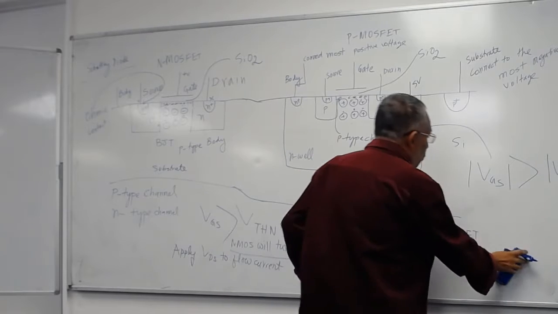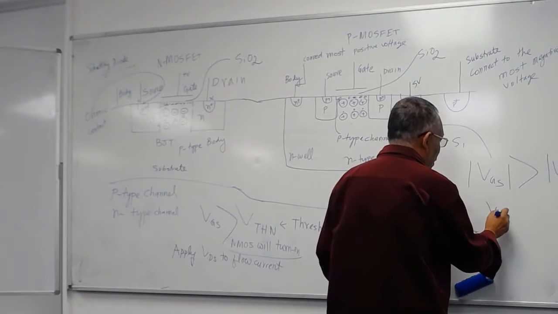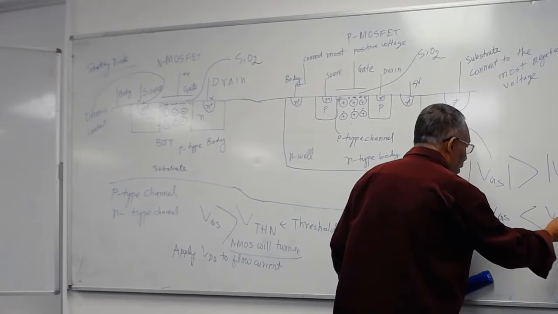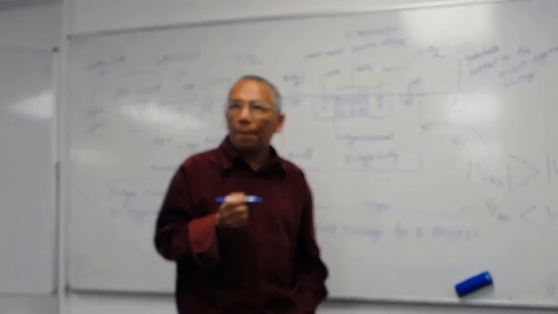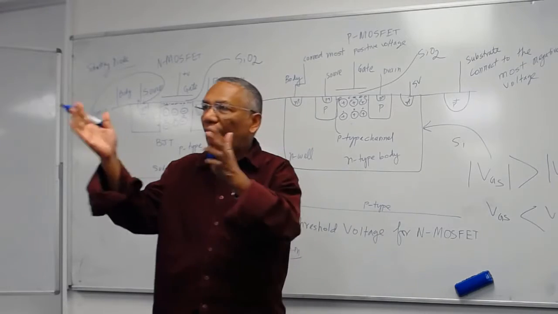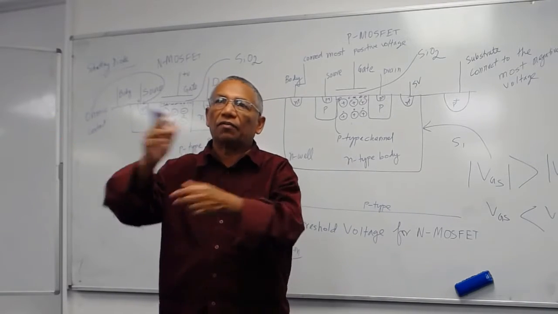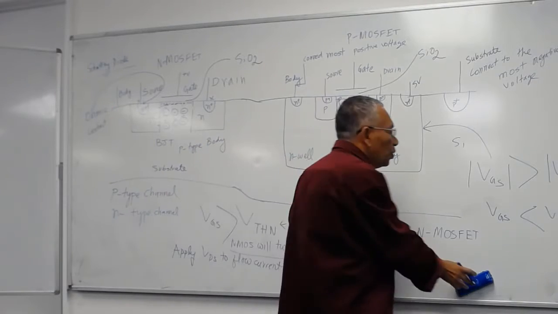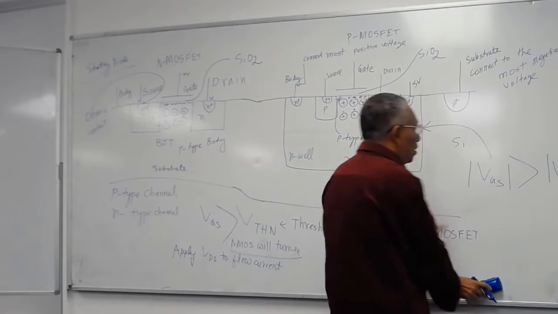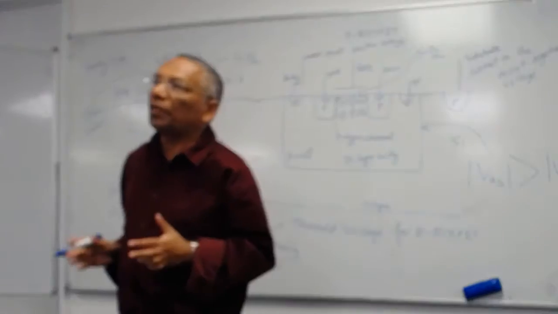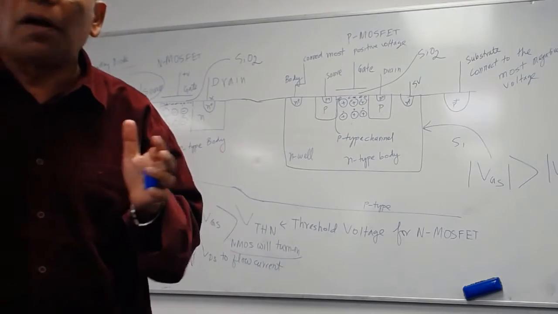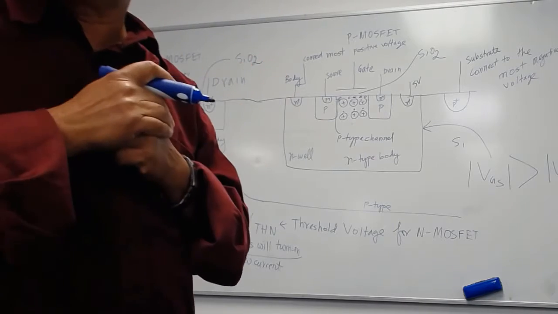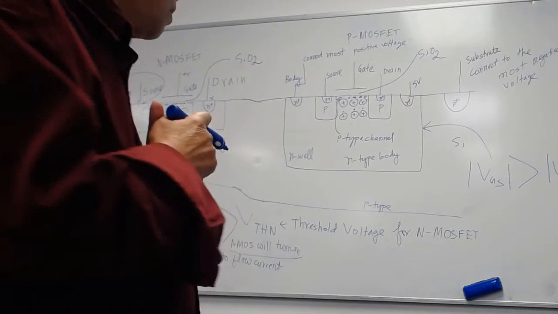If you don't use the absolute value, then VGS will be less than VTHP to turn it on, because it has to be a larger negative value than the threshold voltage, which is negative. So in order to avoid confusion, I always use this: the absolute value of the gate to source voltage must be greater than the absolute value of the threshold voltage for the PMOS to turn it on.